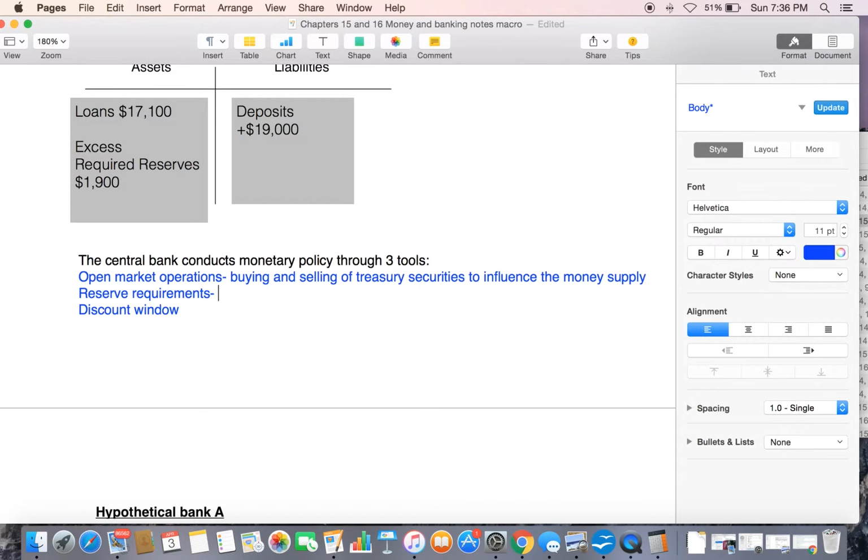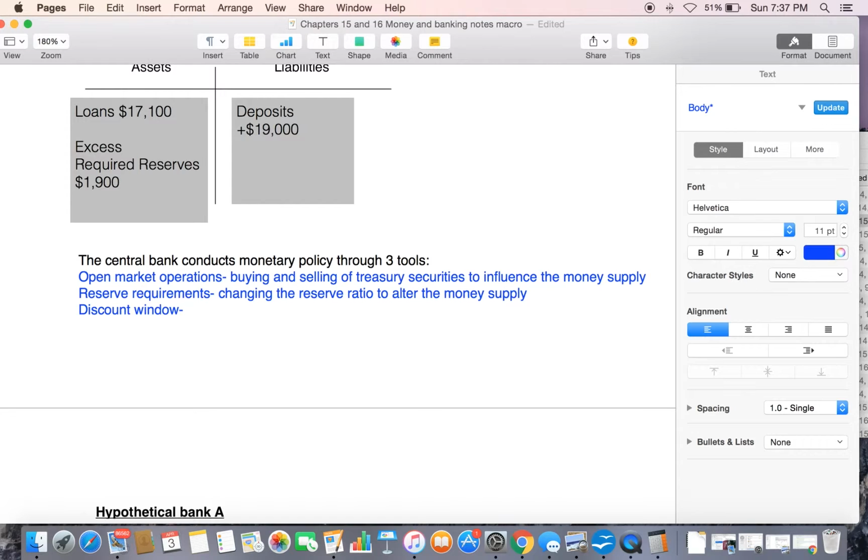They can also alter the reserve requirements, or they can change the discount window.